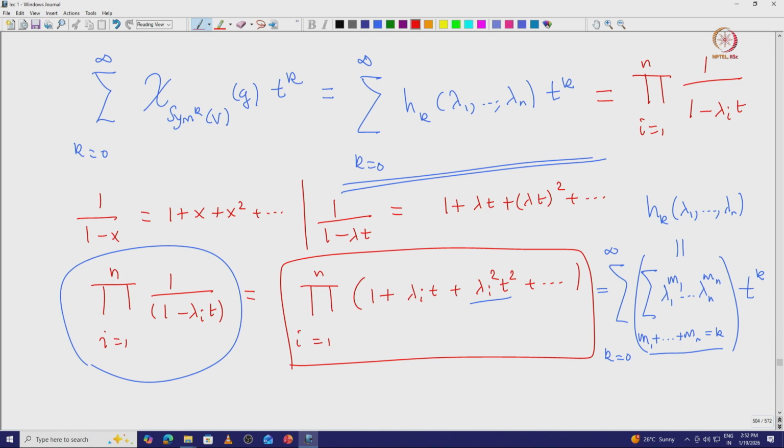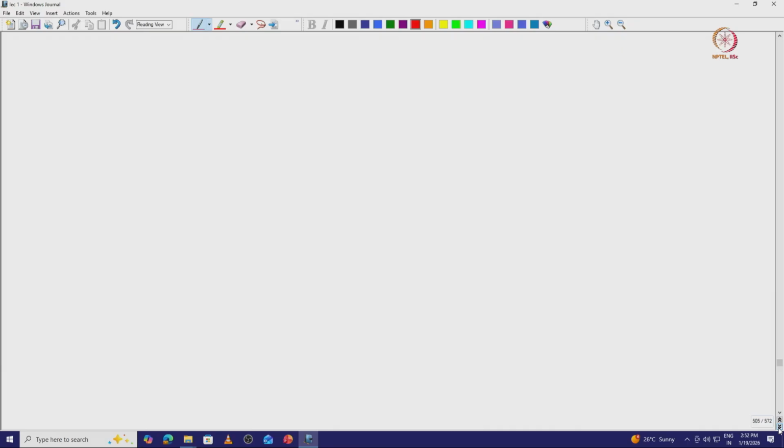So, note that the lambda i's are the eigenvalues of this row of G. So, lambda 1 etc. lambda n are the eigenvalues of this row of G. So, now if you take any powers of this lambda 1 etc. lambda n for fixed power k, that will be the eigenvalues of this row of G power k.